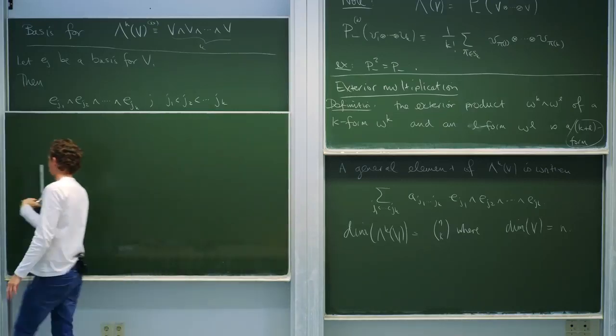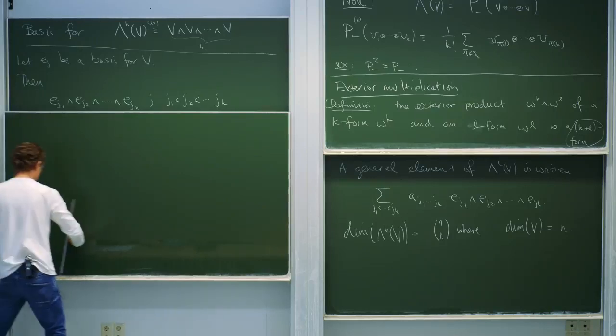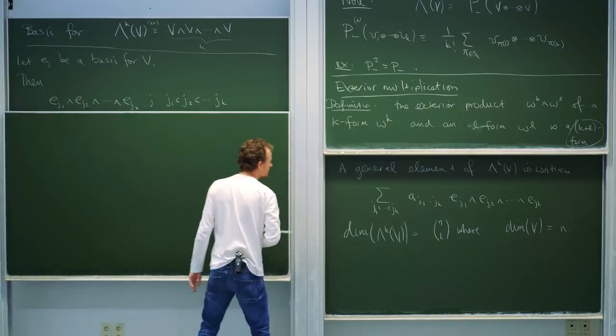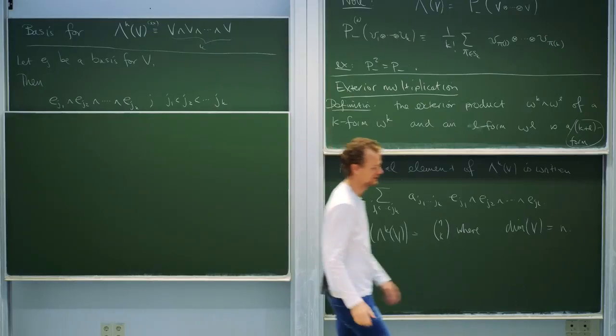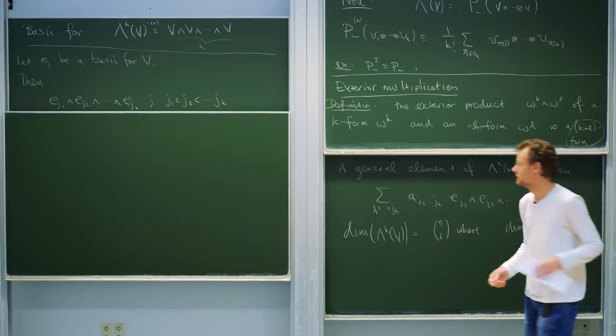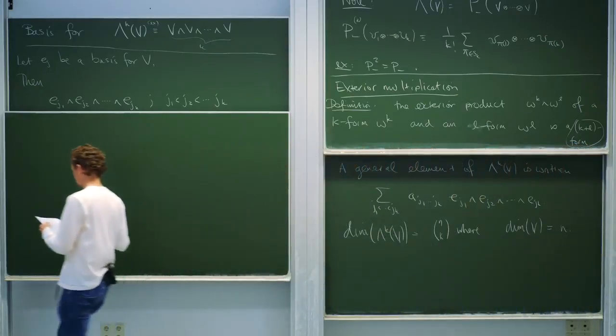Now we're ready to define the objects we're going to need, namely differential K-forms. These are going to be elements of the wedge product vector space of the set of cotangent vectors. I'll write that out explicitly.